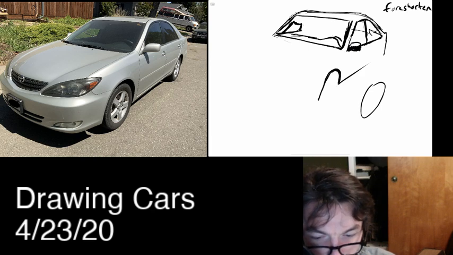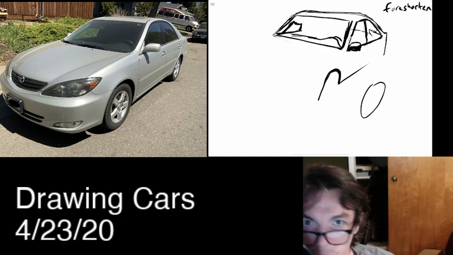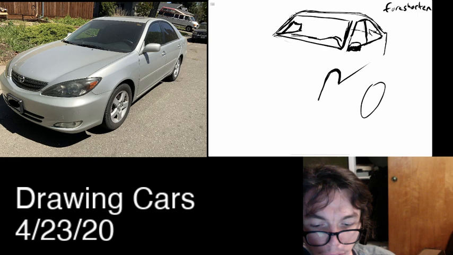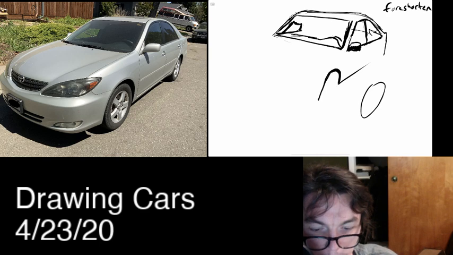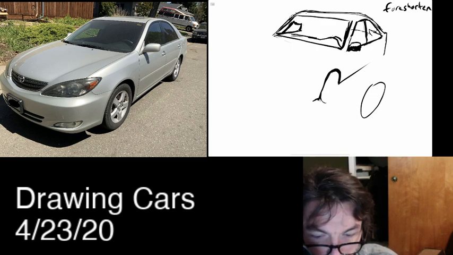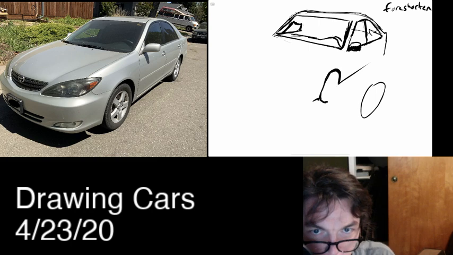Another way I can do it, which I can do right here, is looking at the really dark black above the wheel. I can draw that shape instead. Something I like about drawing things is it's almost like a puzzle. Like what's the next thing I can draw that I won't mess up too bad?